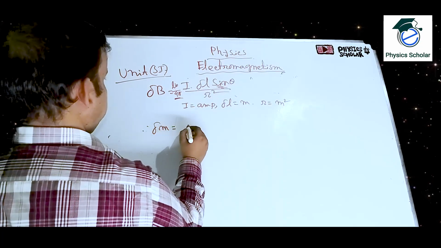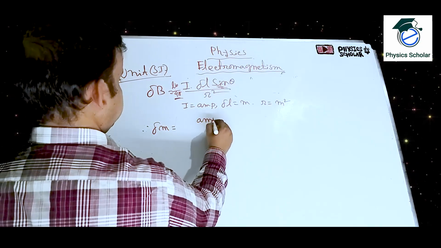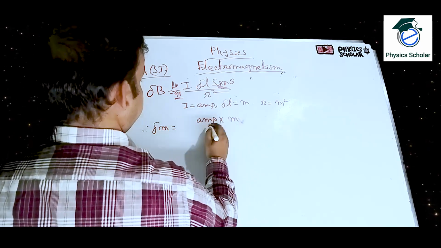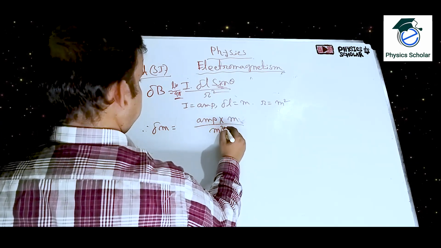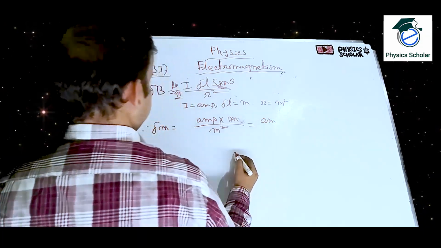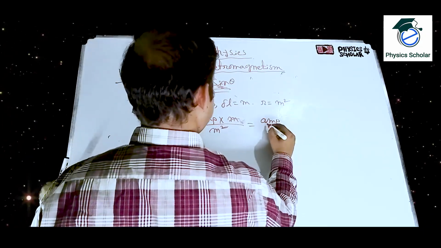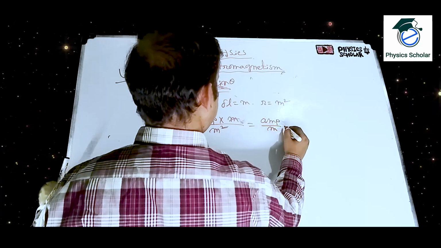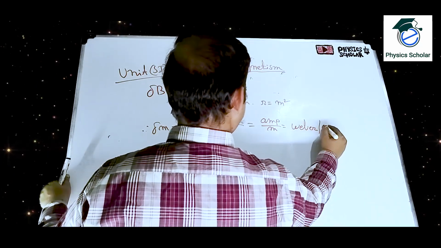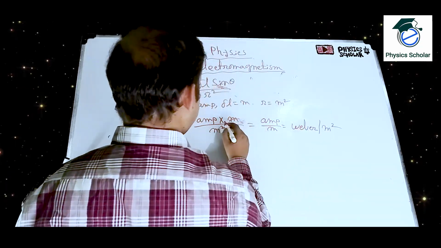Delta B is equal to ampere into meter, okay, divided by meter square. So ampere, so it is what? Ampere per meter. It is also known as Weber per meter square.